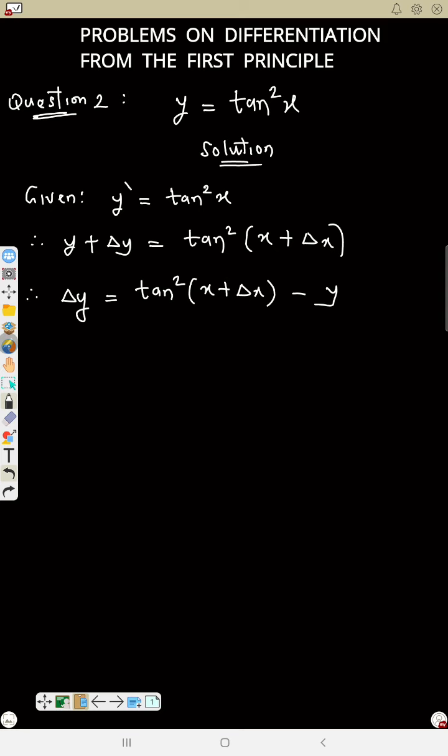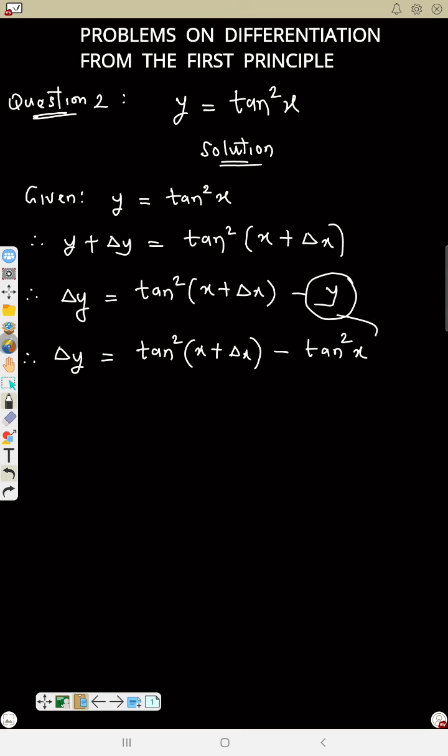So as usual, what is your y? Y is equal to tan square s. Replace it here. So dy is equal to tan square s plus ds minus tan square x, because y is tan square s, as you can see in the question.